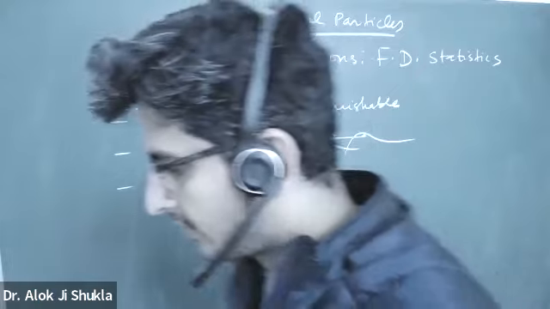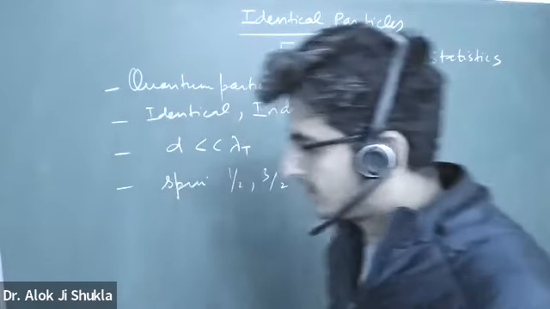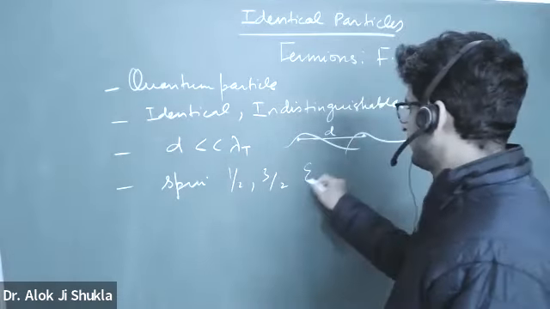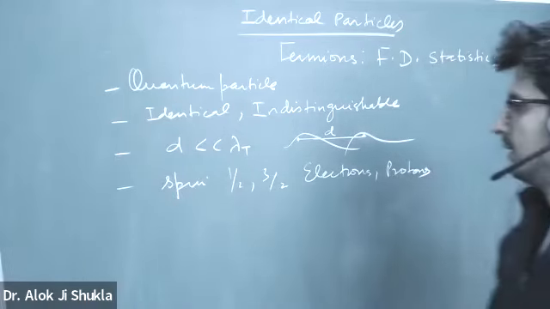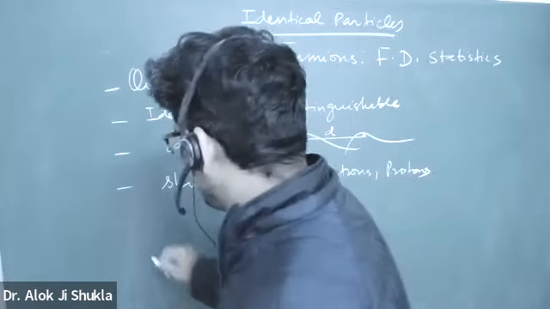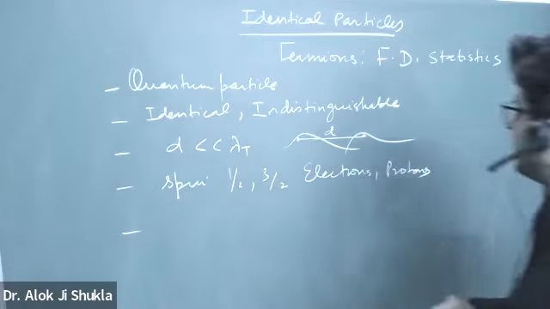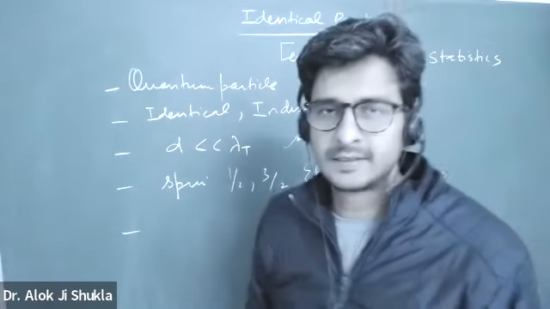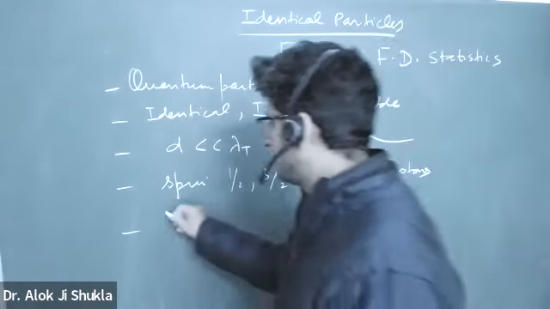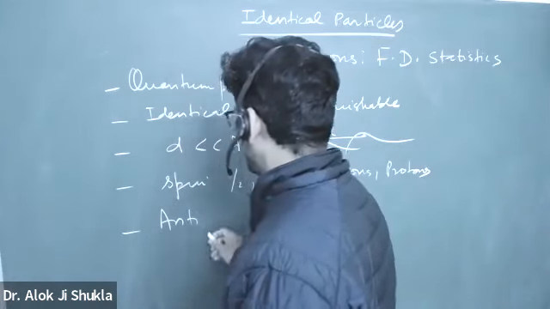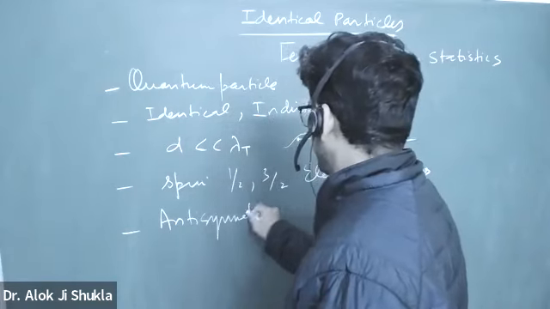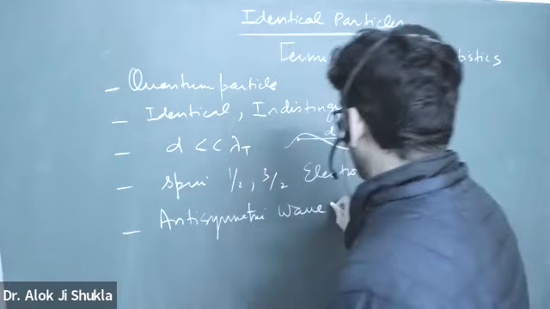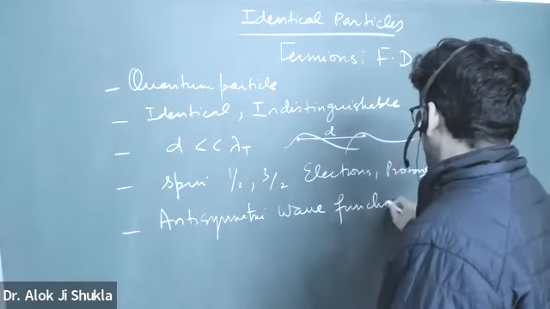So for example, you have electrons, protons, positrons, neutrons. Okay, electrons, protons, so they have spin half. Okay, now these particles following the Fermi-Dirac statistics, their states are written in the form of an antisymmetric wave function.